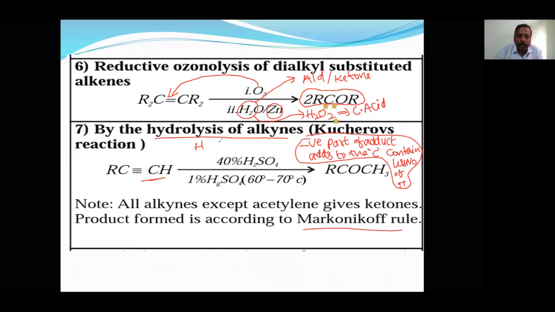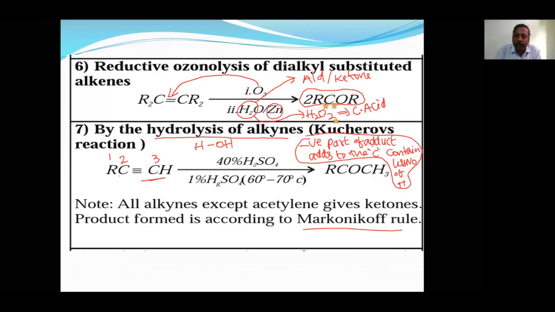Here we are indirectly adding H and OH. Adduct means the substance which is adding. In this case, the negative part is OH minus, and the positive part is H plus. So the negative part of the adduct adds to the carbon containing less number of hydrogens.